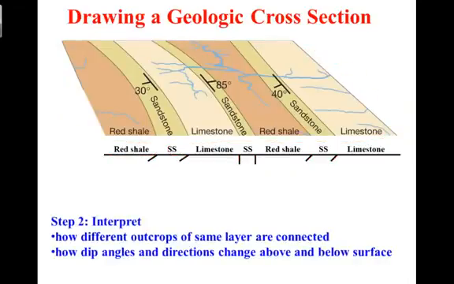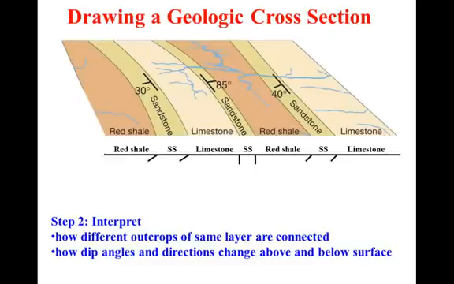To draw a cross-section, the next thing we're going to want to do is interpret how different outcrops of the same rock layer are connected above and below the ground surface. And we do that by making an interpretation of how the dip directions and angles change.